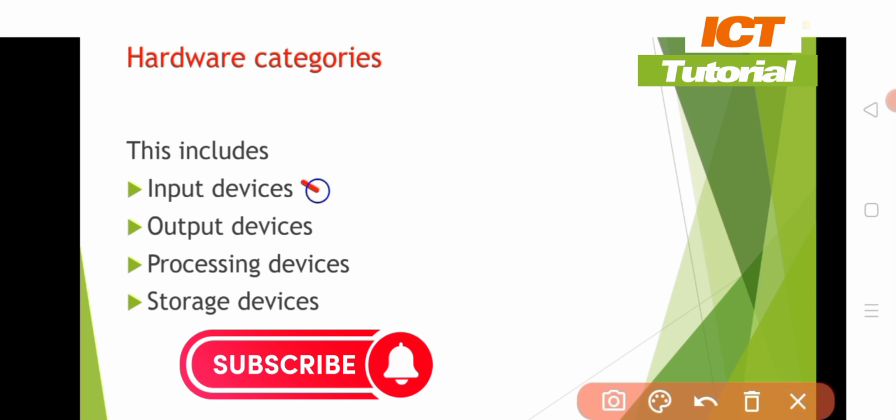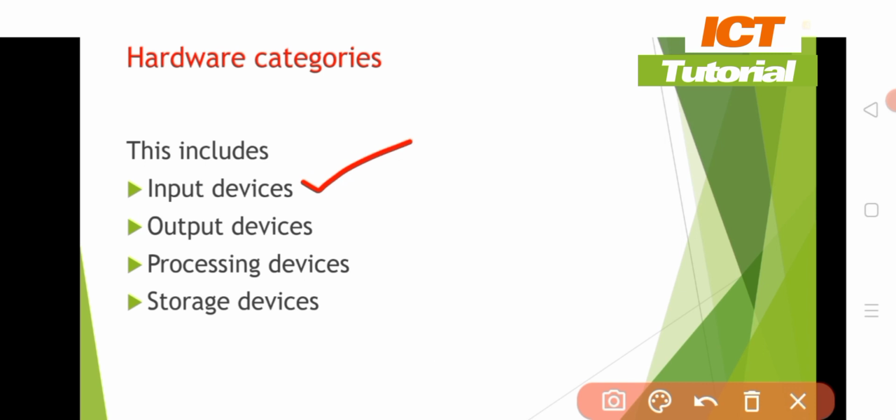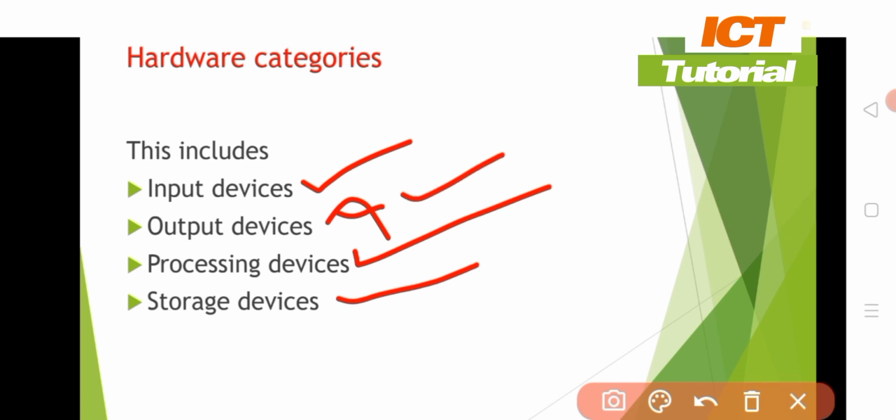We'll check at the input devices, looking at examples of the input devices, their function, and how they help in processing the data. After input, we go to processing, then after processing, we go to the storage. After storage, we can easily go to the output, because this is the process.